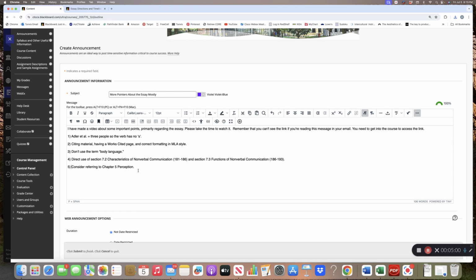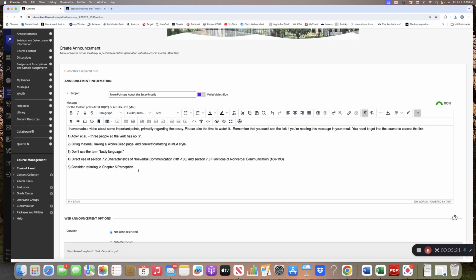So there are 5 characteristics of nonverbal communication. You do not have to go over all of them. 2 would be good. And if you have the textbook that actually has page numbers, it's from page 181 to page 186.